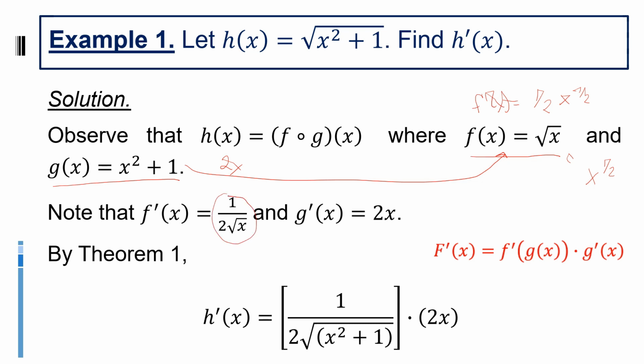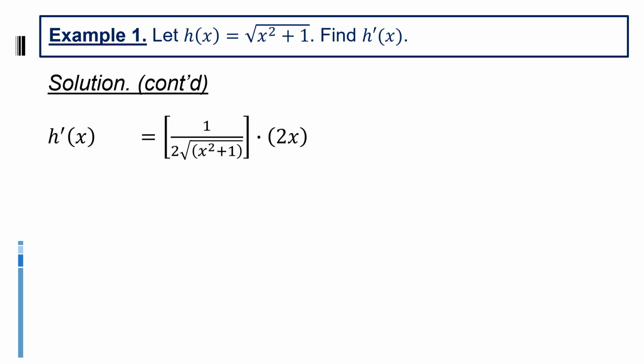So, ipasok natin yung g of x, that is 1 over 2 times the square root of x squared plus 1. Times our g prime of x is equal to 2x. Therefore, we have, okay, times lang natin to dito sa loob, kaya magka-cancel yung 2. So, we have x over the square root of x squared plus 1. So, that is now h prime of x.